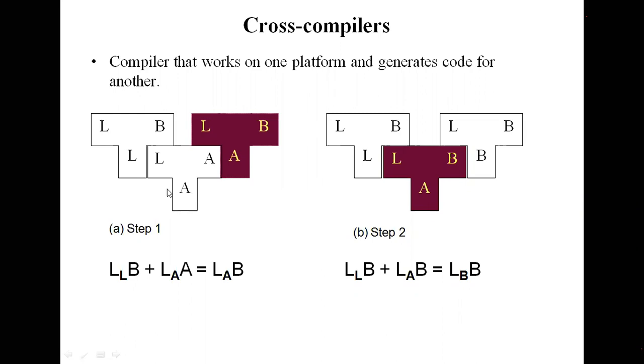If A is another language, it may be a subset of L, whatever it may be, you can choose yourself. But representing in the T structure, this L comes under source, this B comes under target, and L comes under implementation. That's it. That's what the cross compiler is.